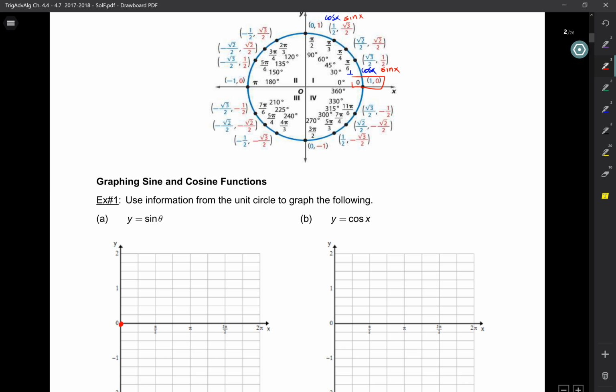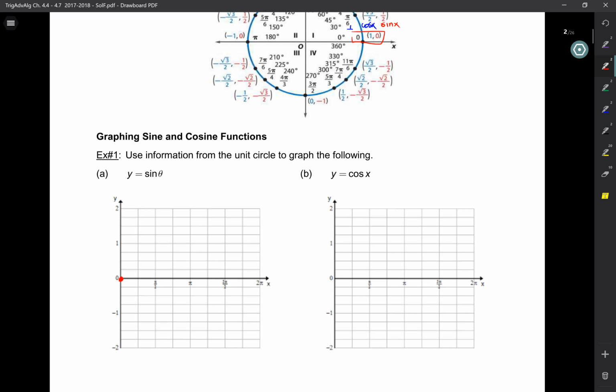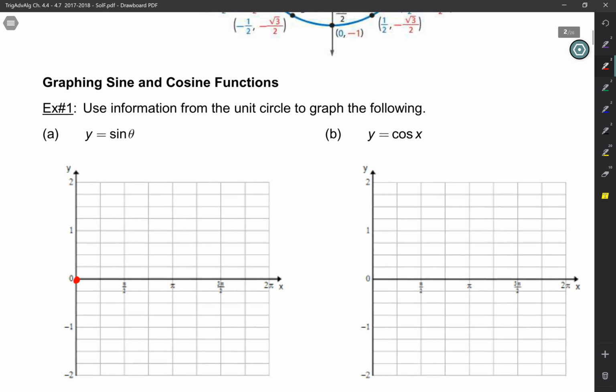When the angle is 0, sine is 0. Okay, and I'm just going to make this a little bit bigger. So this first one there, I haven't labeled it, but it's pi over 4 and then pi over 2.